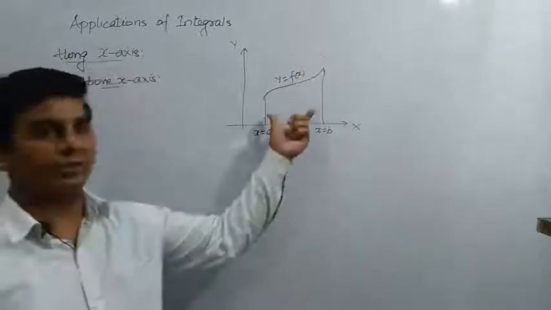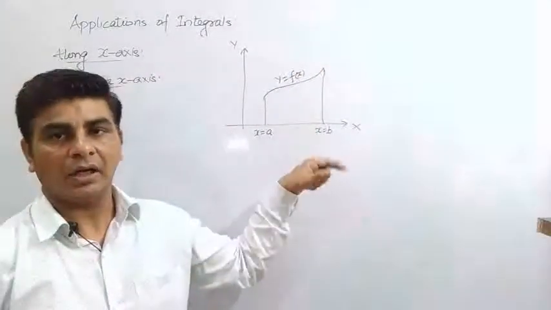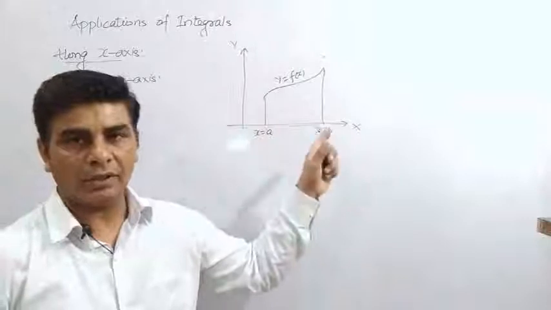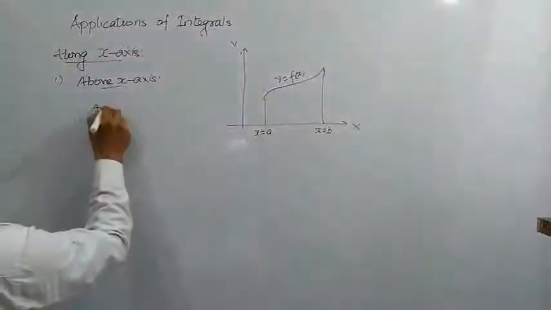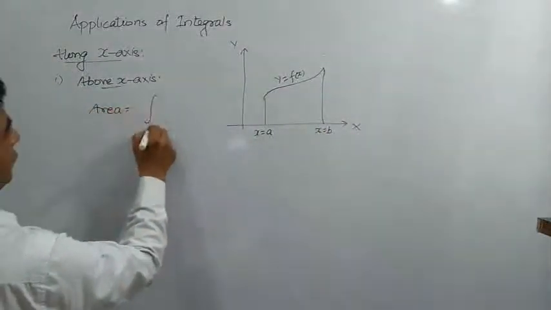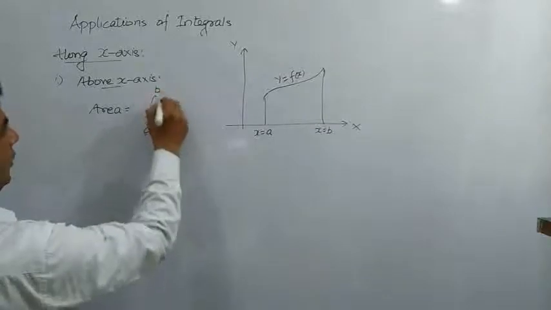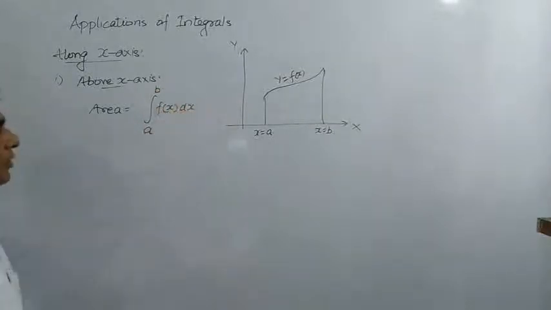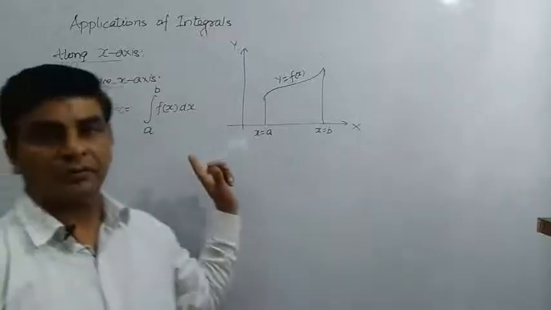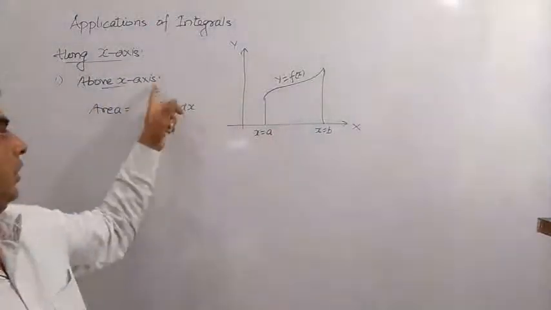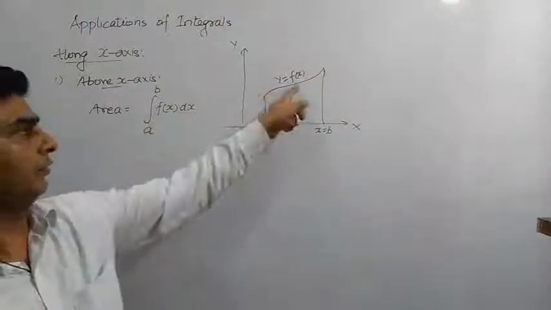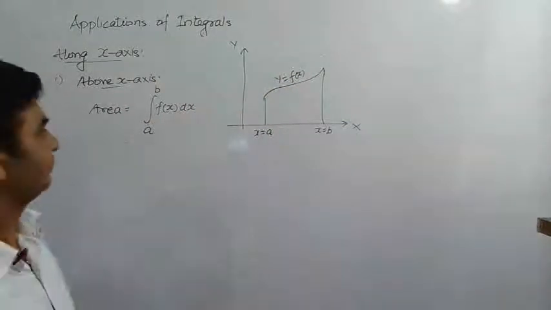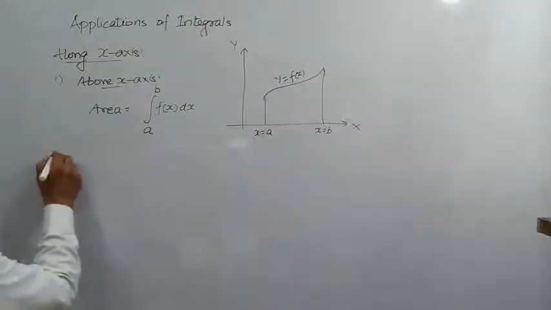Then the area of this bounded region above the x-axis and along the x-axis is obtained by the integration from a to b of f of x into dx. Its area can be obtained by taking the limit a to b for the given function f of x into dx.